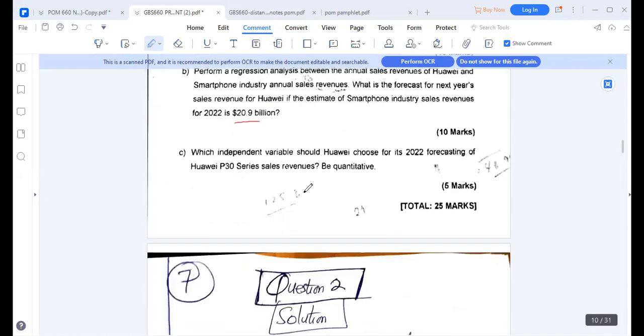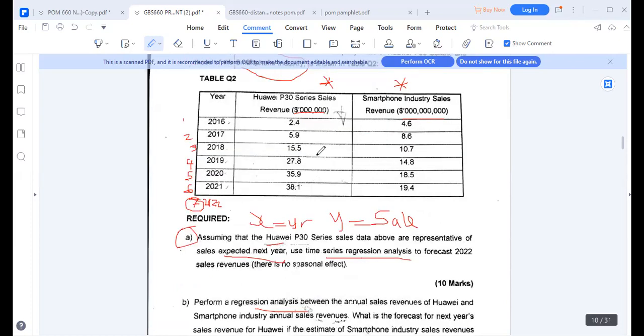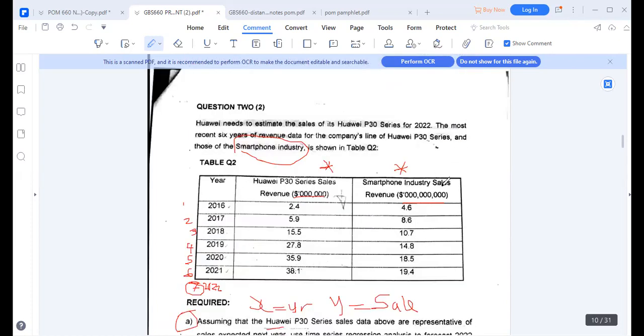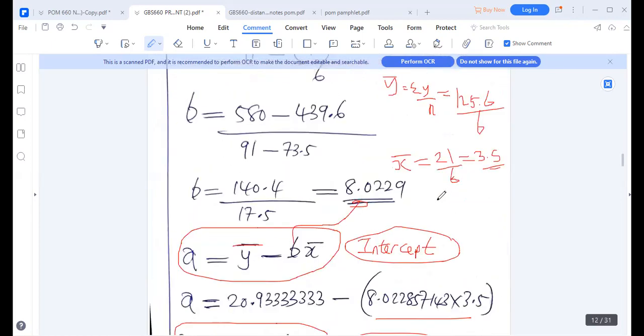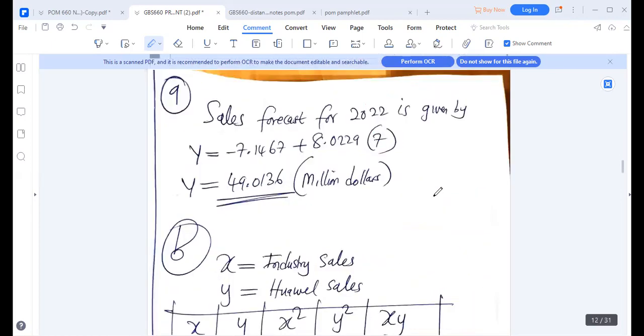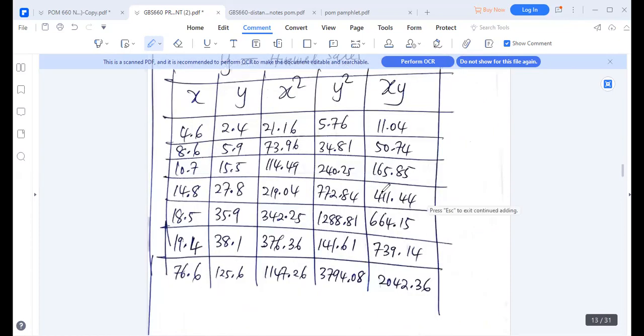All right then. So here we are also performing another regression line, but of course this time around you are going to use the industry as X for this one. So this one will be X, and then this one will be our Y. And then from here, you can now sort out this problem. So we are getting down to this one here, where we're simply saying our X is industry sales.